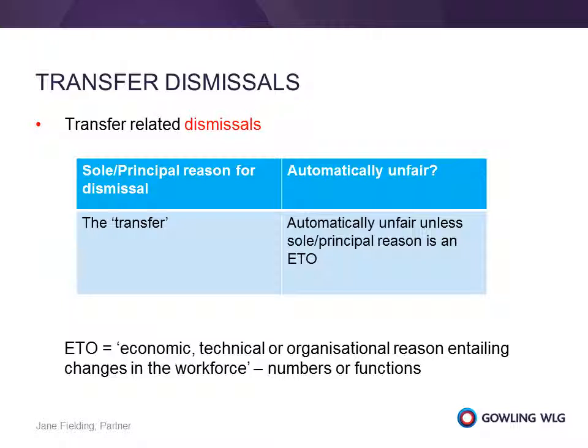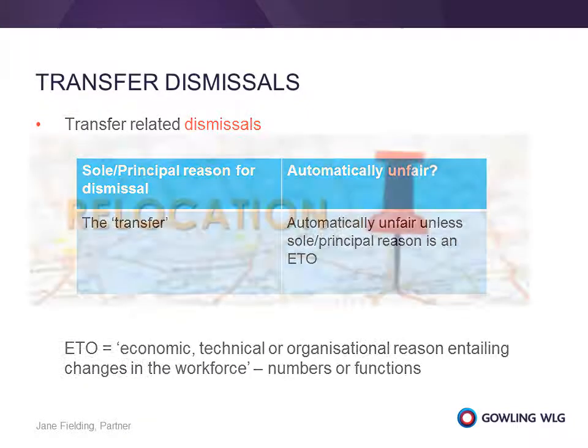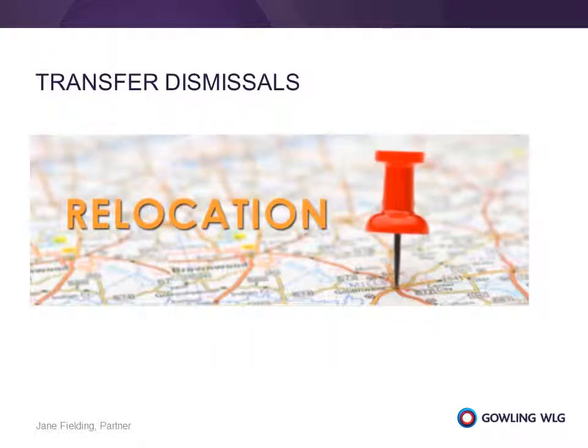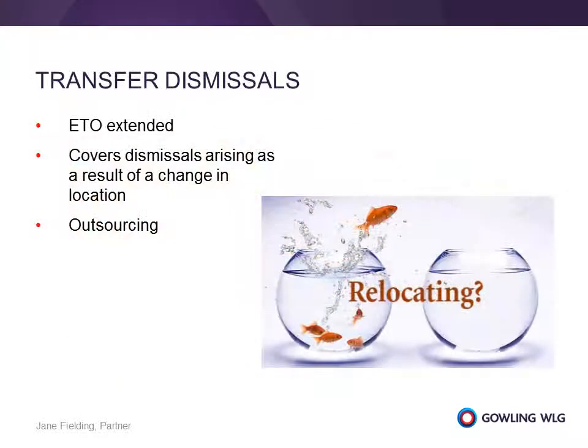So again, in 2014, when making the changes, the government recognised this problem and extended the definition of ETO to cover dismissals arising purely out of a relocation. So that's helpful to some extent, but there are still some risks with taking that approach.